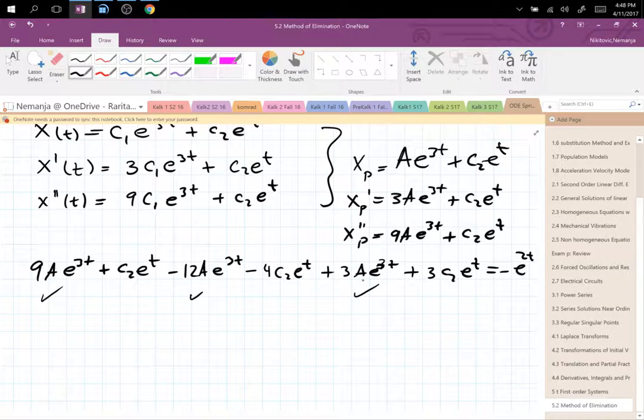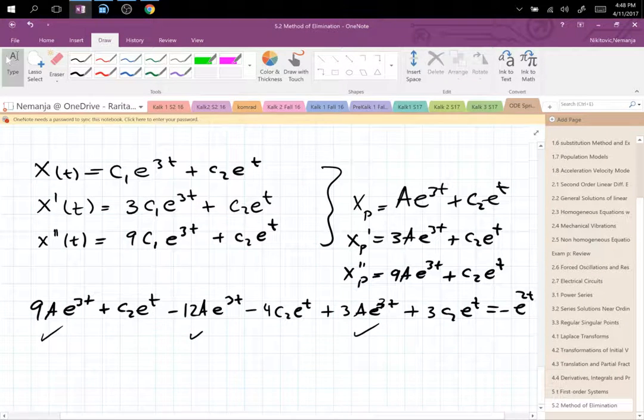Well, worse. Take derivative, so that changes. So a, c1, a1, 9 minus 12, 3, gone. 1 plus 3 is 4, minus 4 is 0.